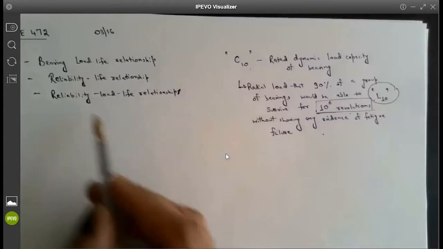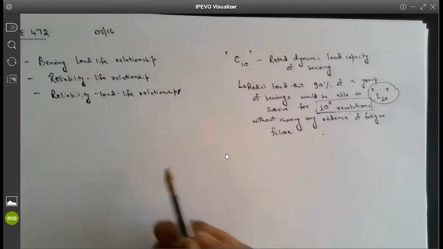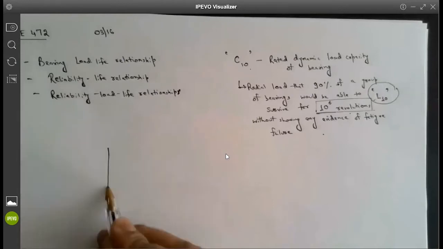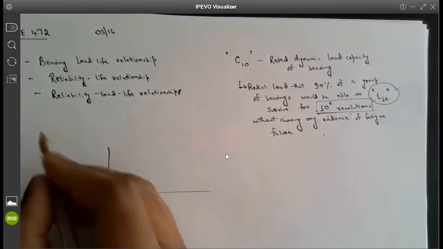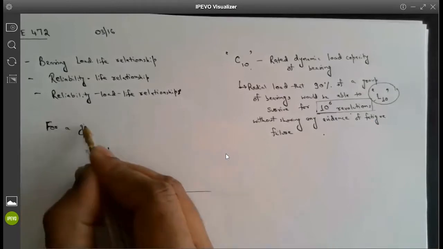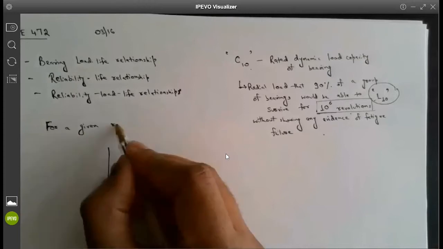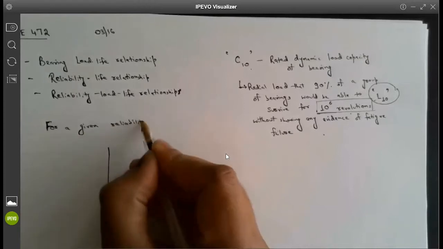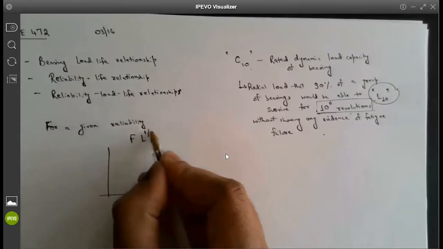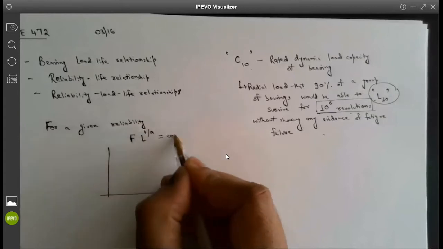We will go with this load-life relationship, and we saw that for a given reliability, F times L raised to the power 1 over A is equal to a constant.